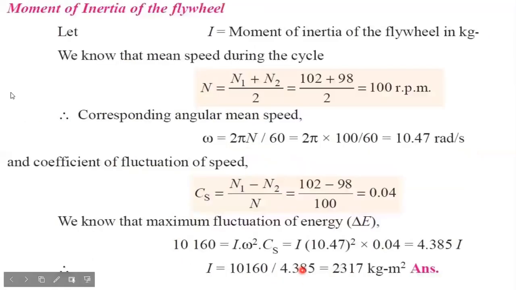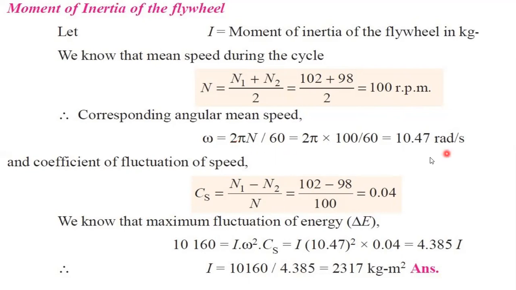Next we need to determine the moment of inertia of the flywheel. So n is the mean speed, n1 plus n2 divided by 2. So we have two different speeds, and finally determine the mean speed. So mean speed is 100 and the corresponding angular mean speed is 2 pi n by 60.